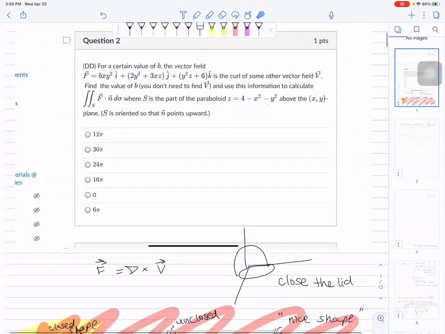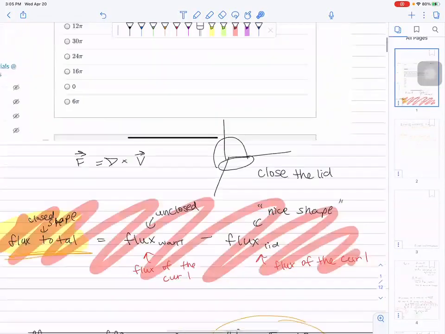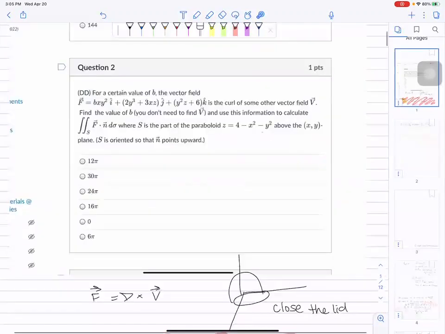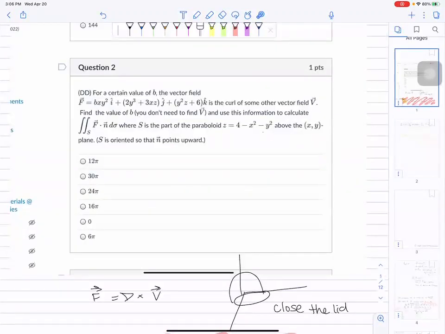Right, but I know this part is not using Stokes. Okay, but Stokes says the flux of the curl. But it says the flux of the curl of F. Doesn't Stokes only apply for the flux of the curl when everything's related to F itself?